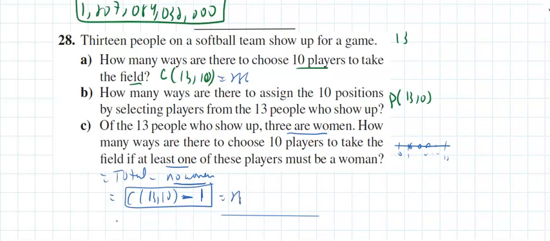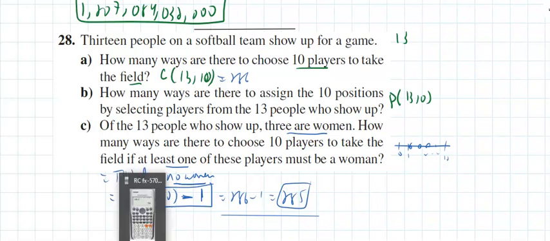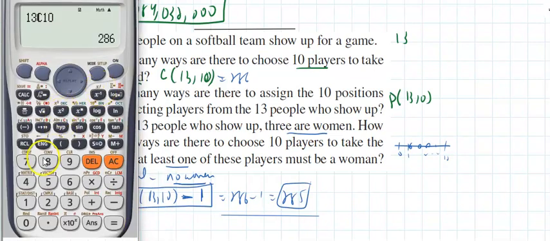Then this is 286 minus 1, which is 285. That will be the answer in the back. And if you do the permutation to figure out part B, you would say 13 permutation 10, that number, massive.